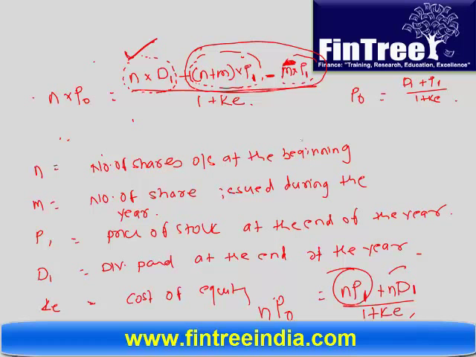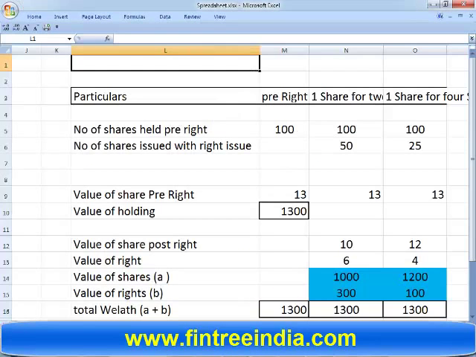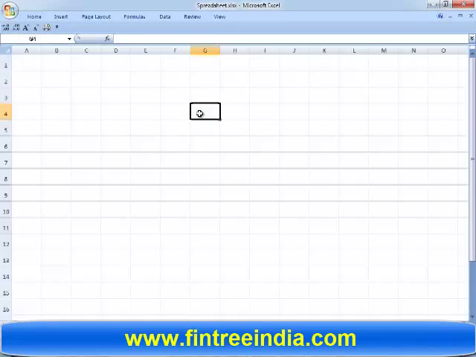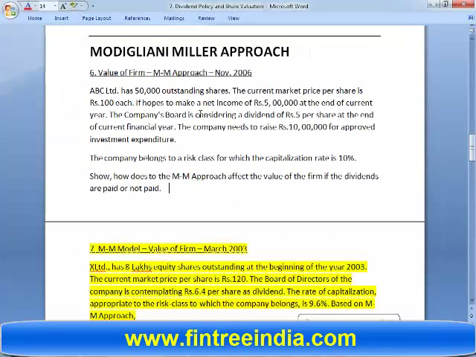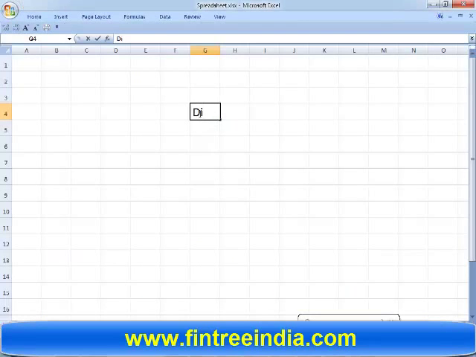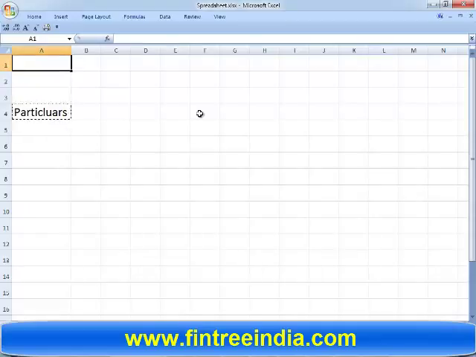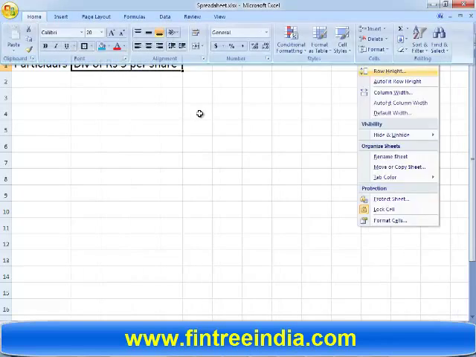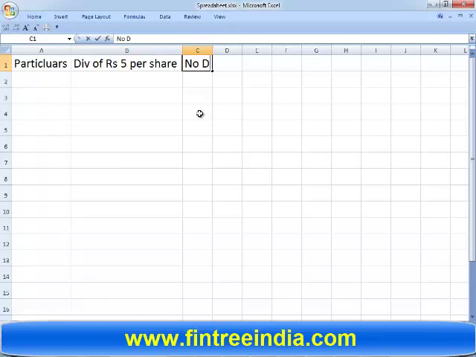So let's make a table again. Here we will say particulars, then the first scenario, dividend of ₹5 per share, and the second scenario, no dividend.